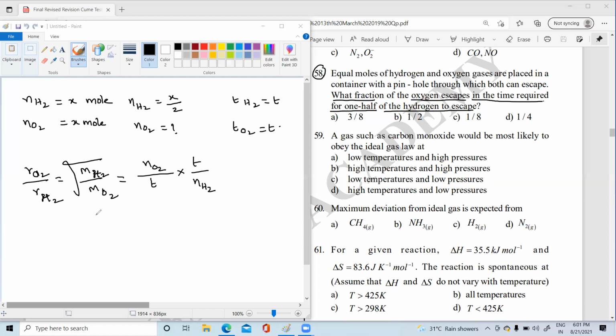Here time will get cancelled. So the molecular weight of hydrogen should be 2 and the molecular weight of oxygen should be 16, students. So T and T will get cancelled.